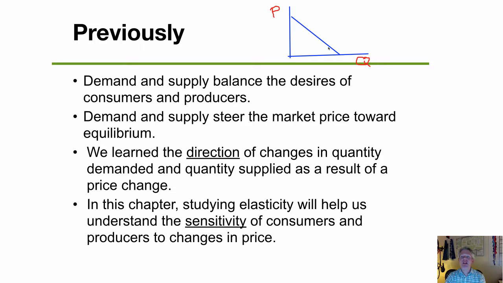But how much does it go down? You can probably already guess that it probably has something to do with the slope. And we're going to actually see that it does indeed have something to do with the slope, but it's not only the slope. And you shouldn't assume that it's the same idea as the slope. So we'll build that out as we go.